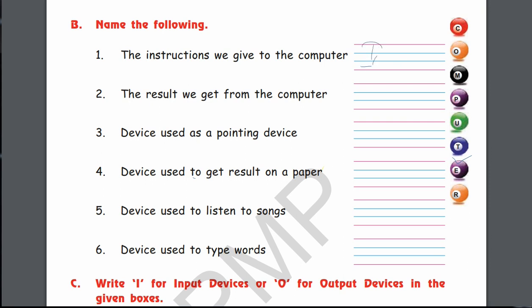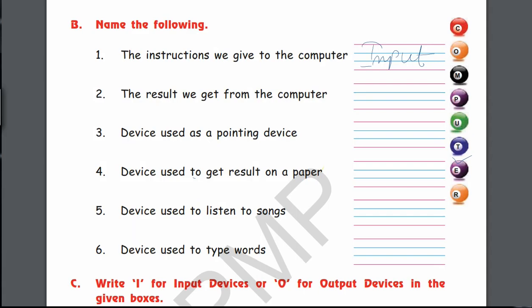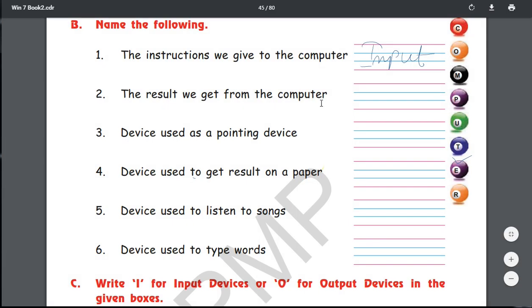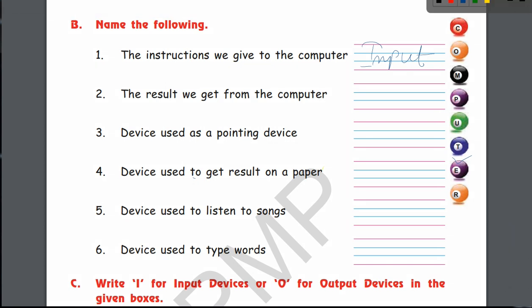It is called input. One second, children. So the instruction that we give to the computer, what is that called? It is called input. Alright? The result that we get from the computer, what is that called? Output. So write here output.